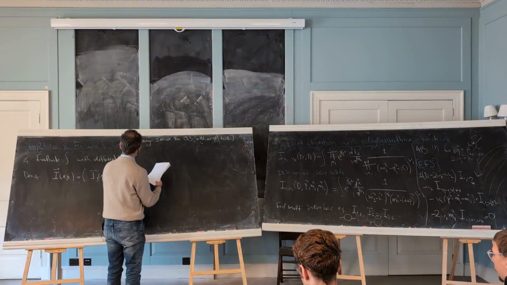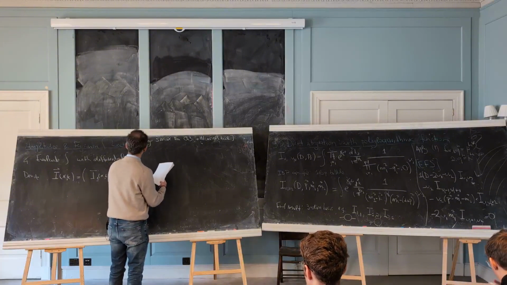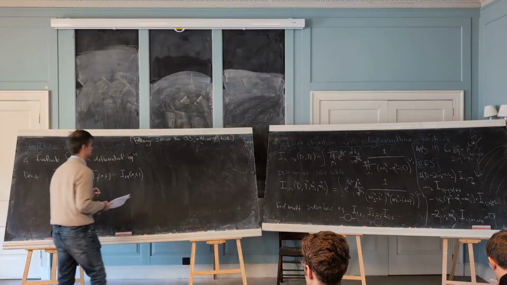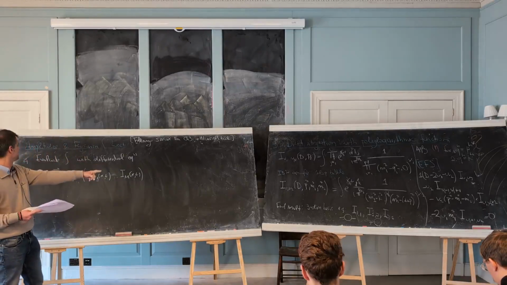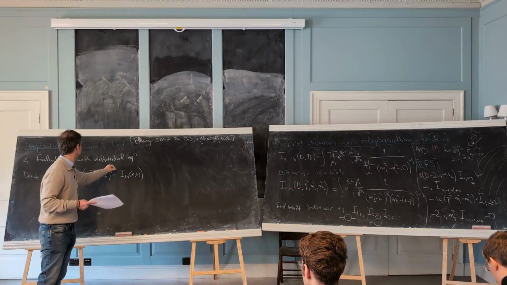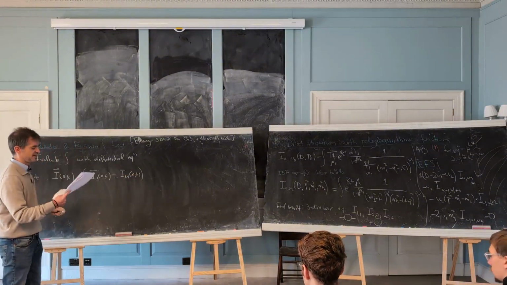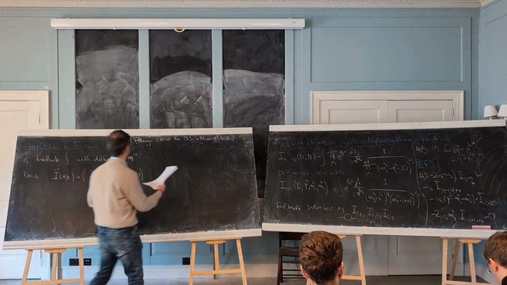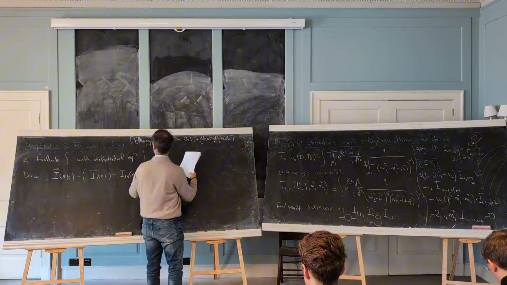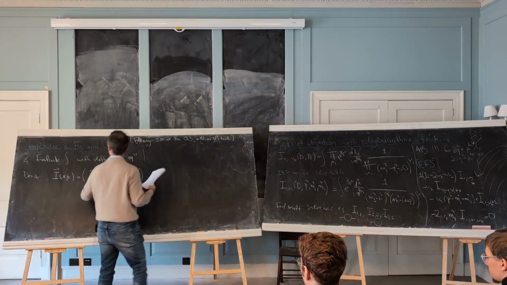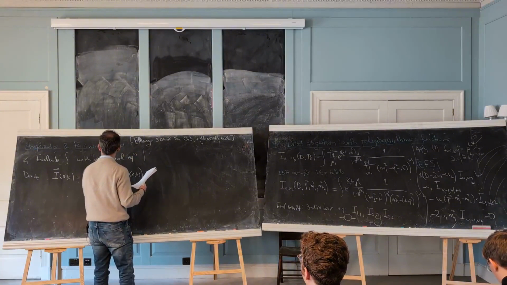Suppose that we have a vector of all the master integrals. In our case, for the bubble, we would have m equals 3. We would have these three integrals in this vector. So these are basis integrals, or master integrals.